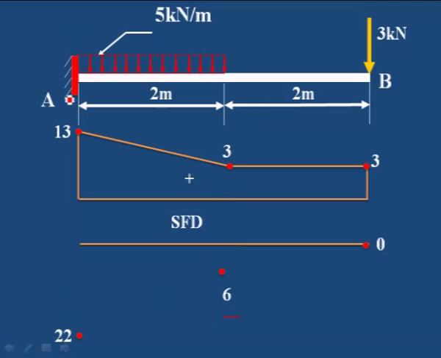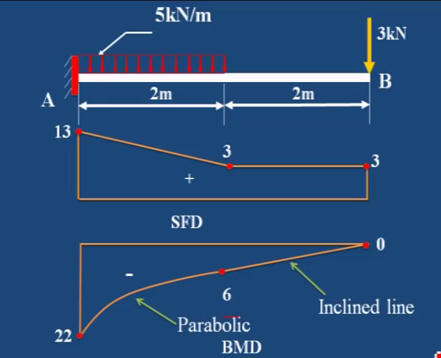Then at A point, 3 into 4 plus 5 into 2 into 2 by 2, that is 22 kilonewton meter is the bending moment at A. Then join them. From B to C is an inclined line, then it is a parabolic line because of the uniformly distributed load. This is the bending moment diagram for this particular case.